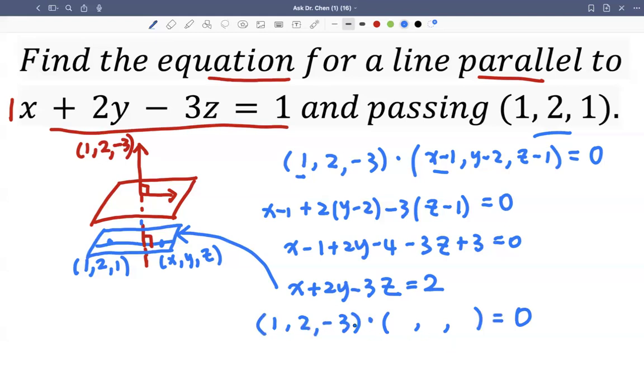So -3 times 1 would be -3, 1 times 1 is 1, 2 times 1 is 2, then plus -3, that would be 0. So we can use this one, though you can find infinitely many of them, right?